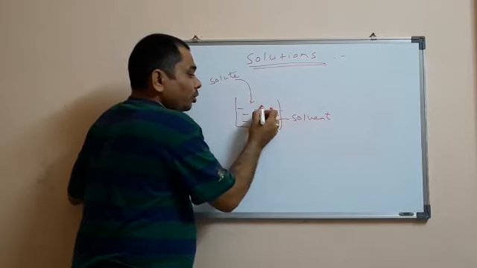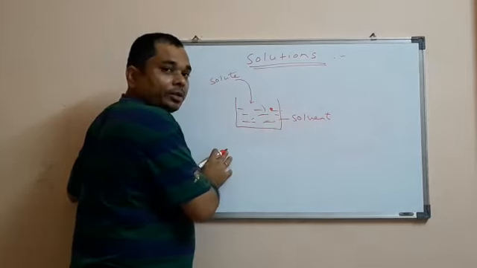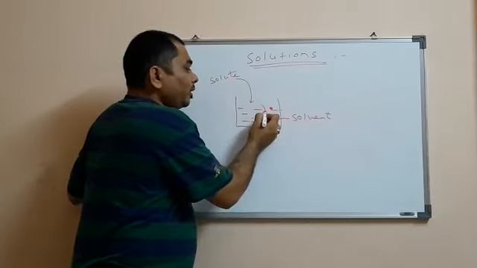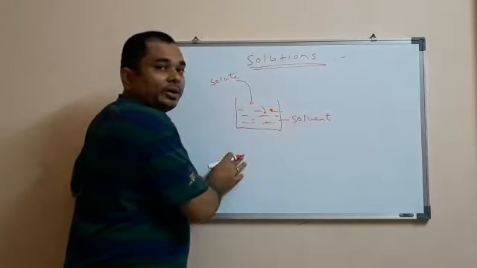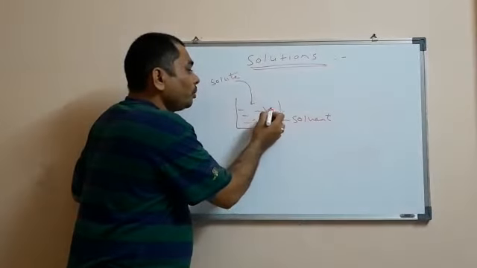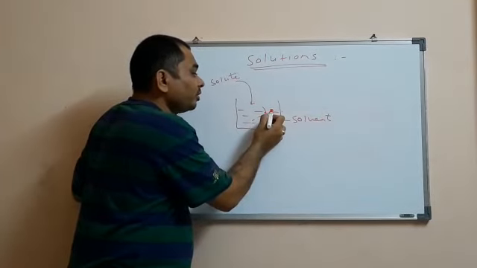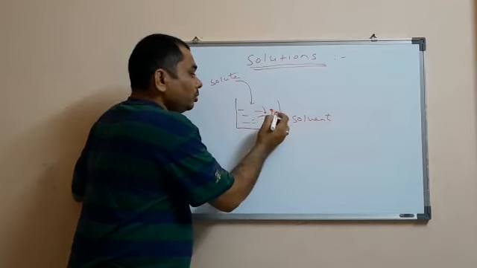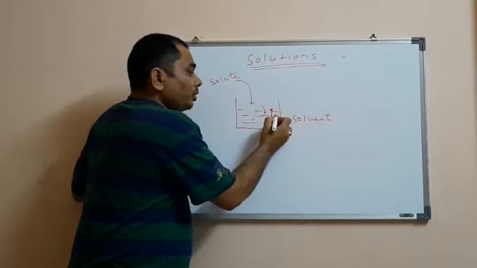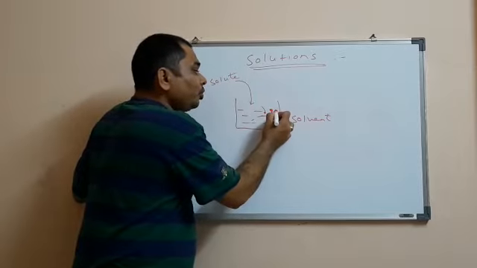When we add the solute, it dissolves. At one point, a dynamic equilibrium is established between the solute that passes from the crystal into the solution, and the solute that moves from the solution back into the crystals.